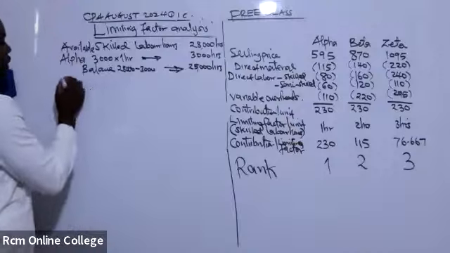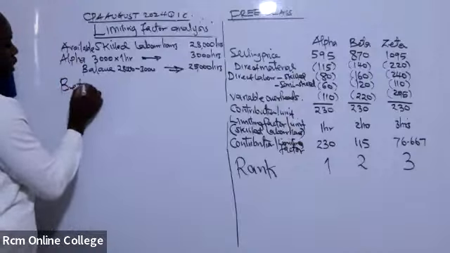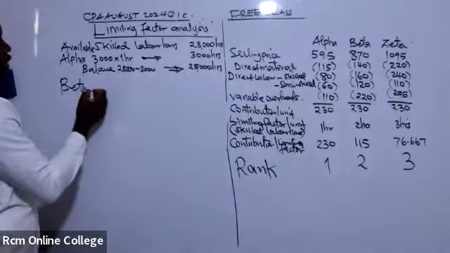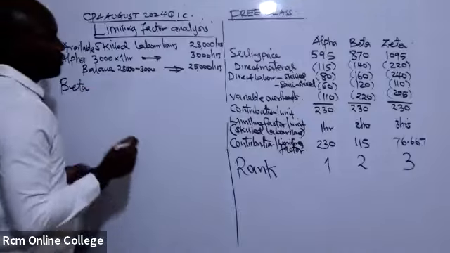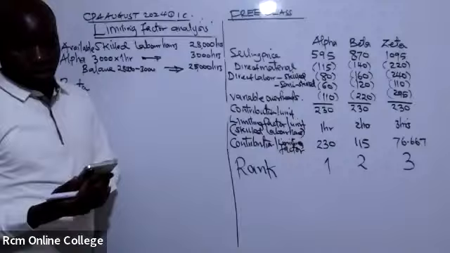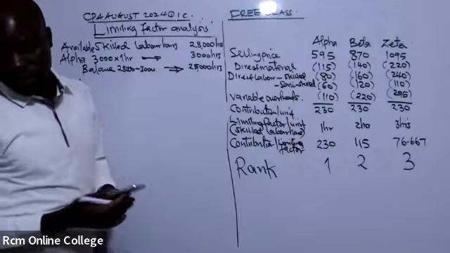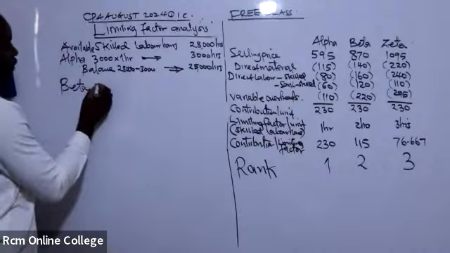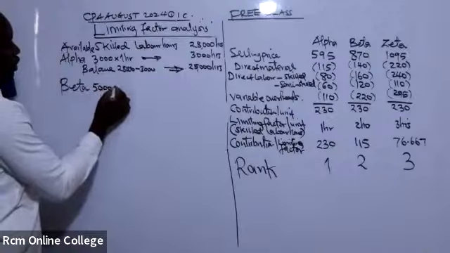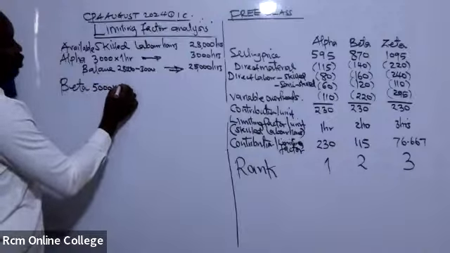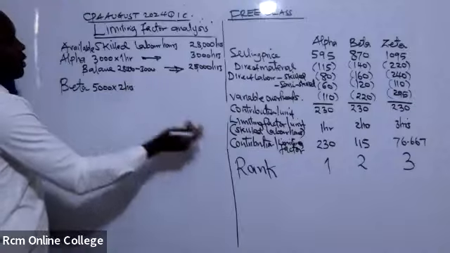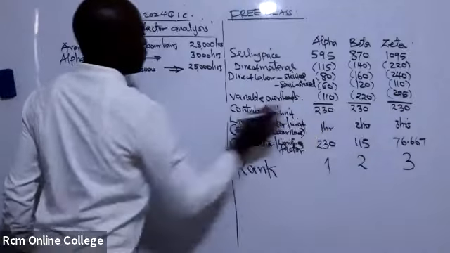So let's come to beta. Here, we are told that the market demanded how many units? Is it 5,000? Yes, 5,000. So come here and talk about 5,000 units demanded by the market times 2 hours. Remember here, each unit of beta requires 2 hours.